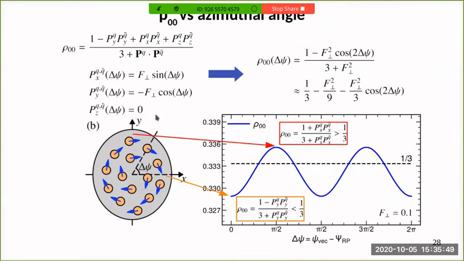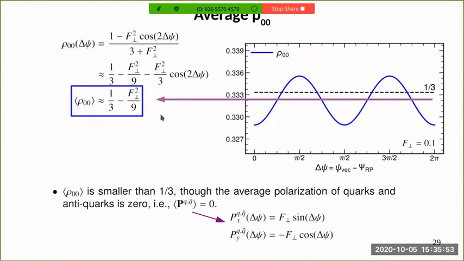Okay. So the previous result is the delta psi dependence of rho 0,0. Now let us look at the average value of rho 0,0. After integrating out the azimuthal angle, we find that the average value of rho 0,0 is smaller than 1/3.